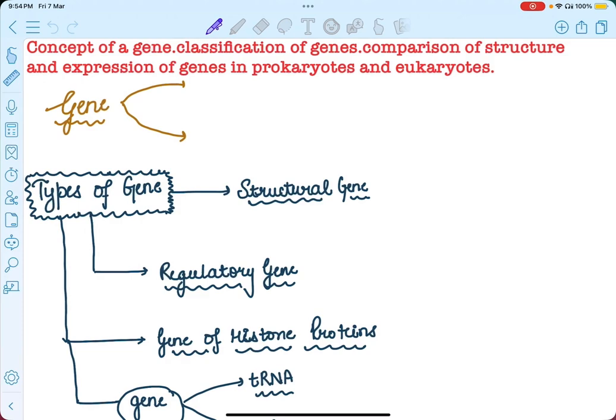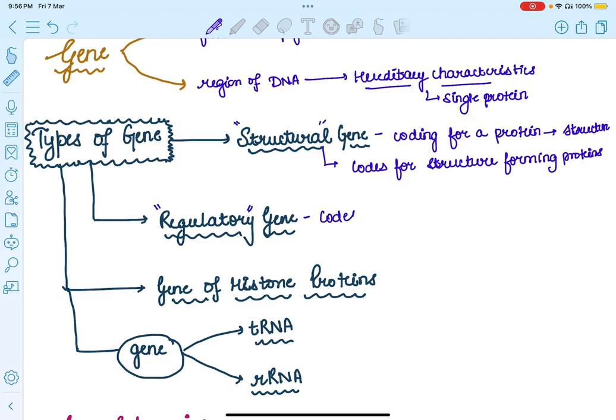Secondly, we have regulatory gene. It has the word regulate in it. That is, it codes for a regulatory protein, and that regulatory protein's name is given to us, that is repressor protein. That usually functions in the transcription.